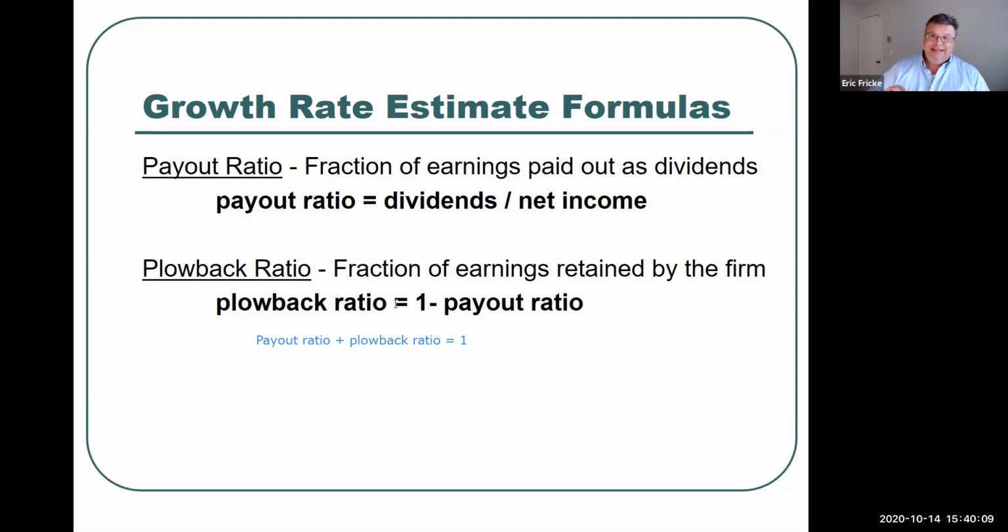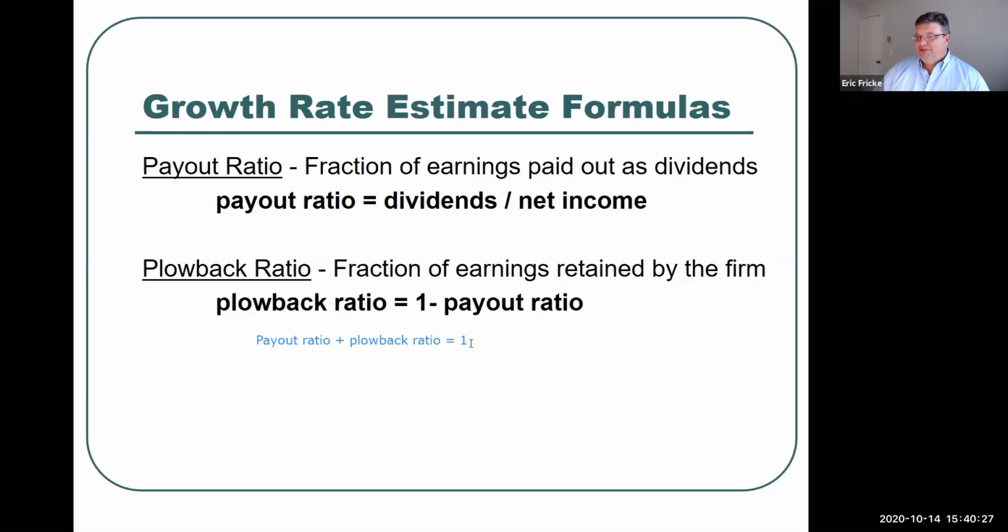To get the plowback, you have to know the payout. Okay, and whatever the company doesn't pay out basically goes back into the business and is reinvested. So make sure you put a star on this equation.